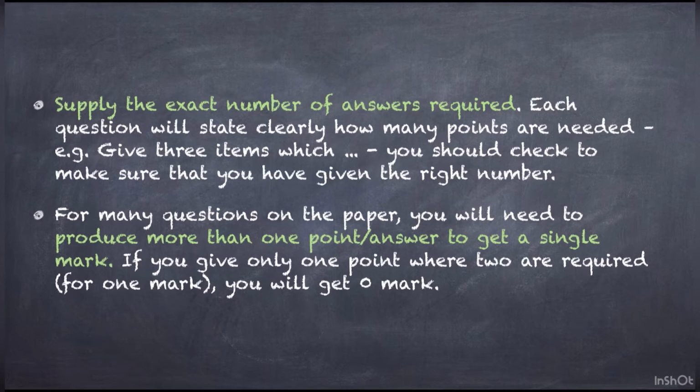For many questions on the paper, you will need to provide more than one answer to get a single mark. So the mark might be 1, but you might need to give 2 answers. If you give only one answer, you will not get any mark. So it's 1 or 0. This is what we call task fulfillment.